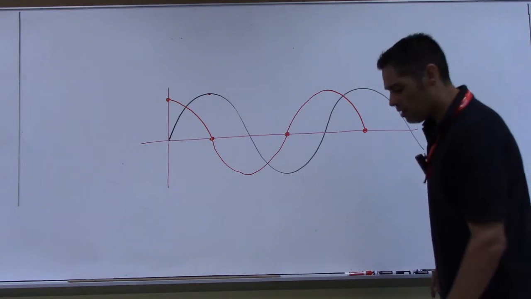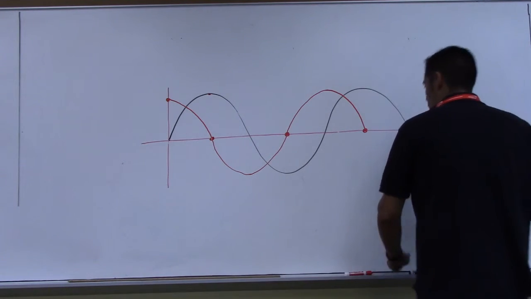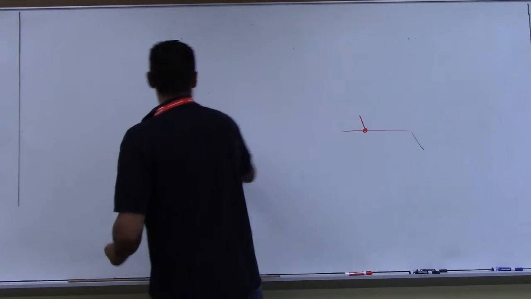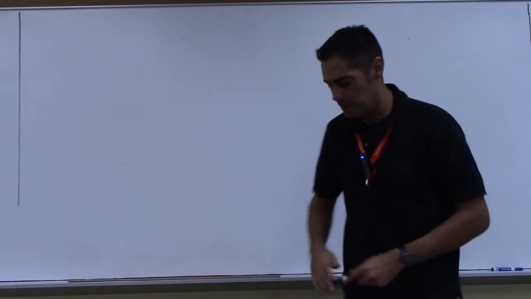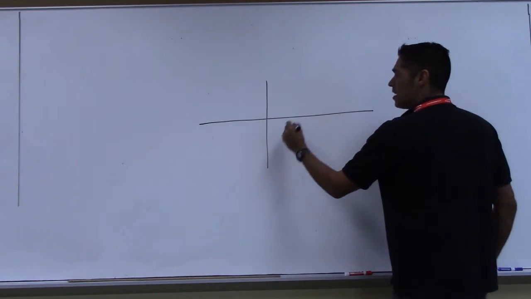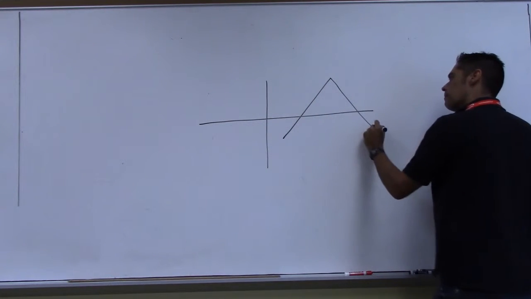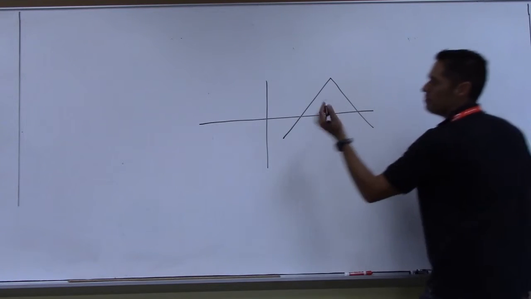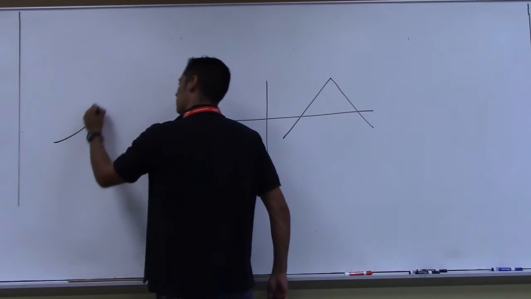Here's something else, though, I should at least warn you of. There are places that you have problems with derivatives. Let's say you had a function that did this. Or you had a function that did, I'm just going to put it over here, this.